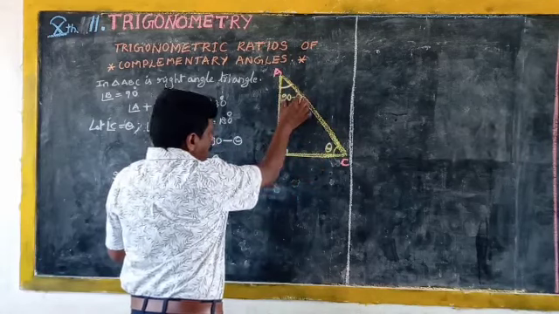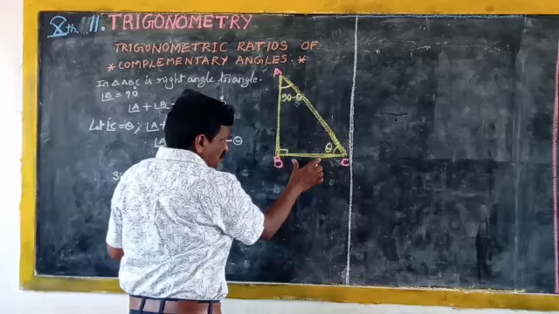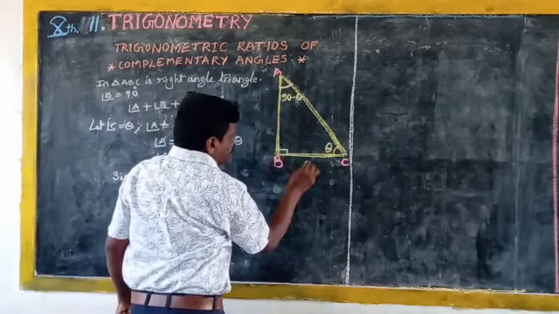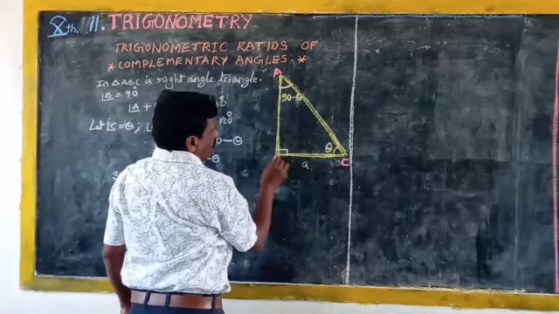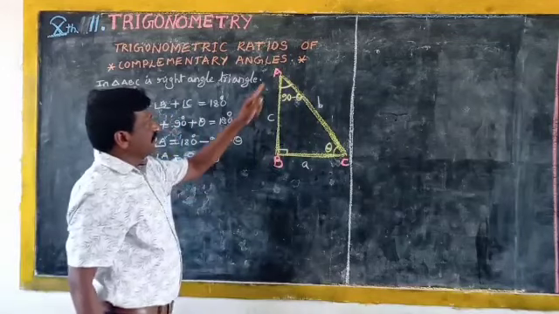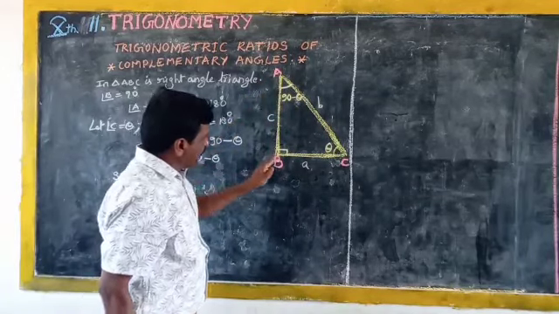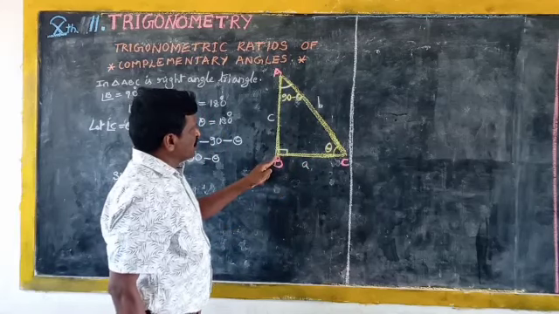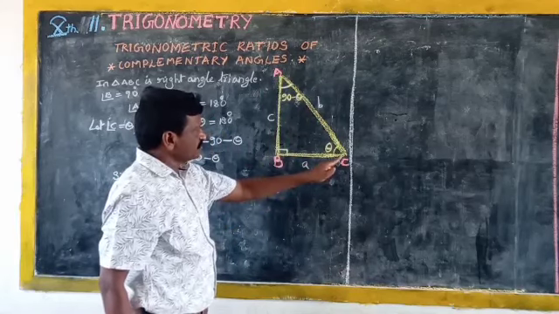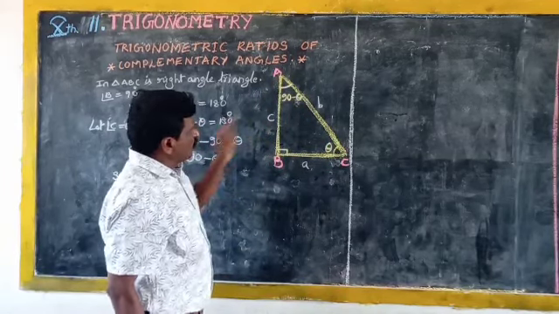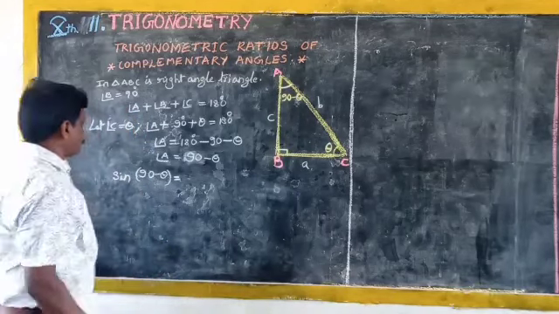The opposite side of angle 90 minus theta is BC. Let the side opposite angle A, which is BC, be a. The side opposite angle B, which is AC, be b. The side opposite angle C, which is AB, be c.